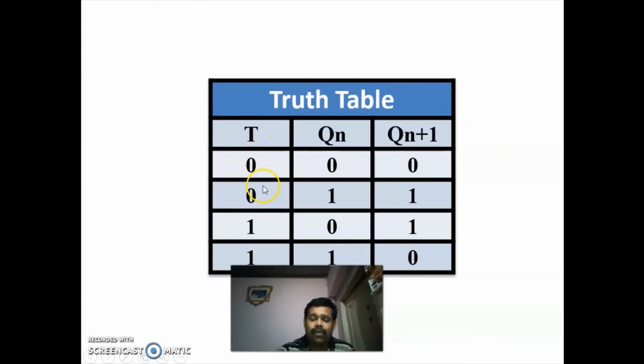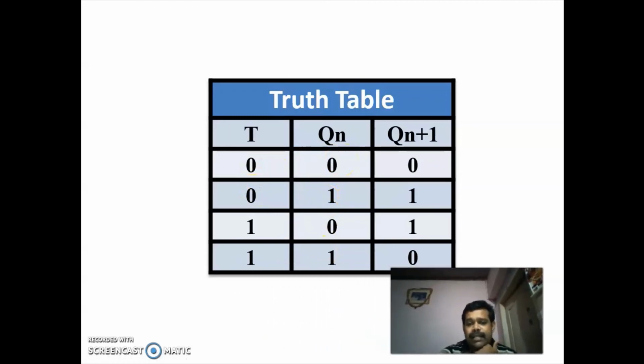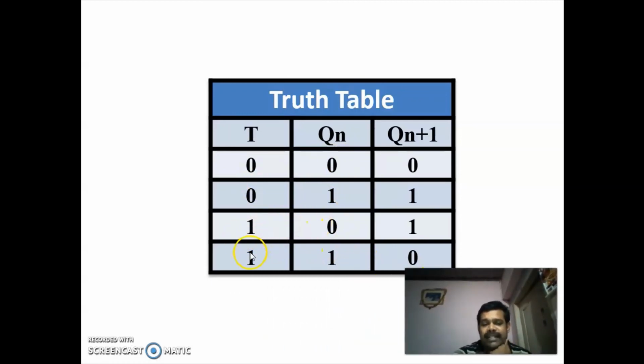We have only one input, so it can have two combinations. 0 can have 0 as a present state and 0 can have 1 as a present state. Similarly, 1 can have 0 as a present state and 1 can have 1 as a present state.